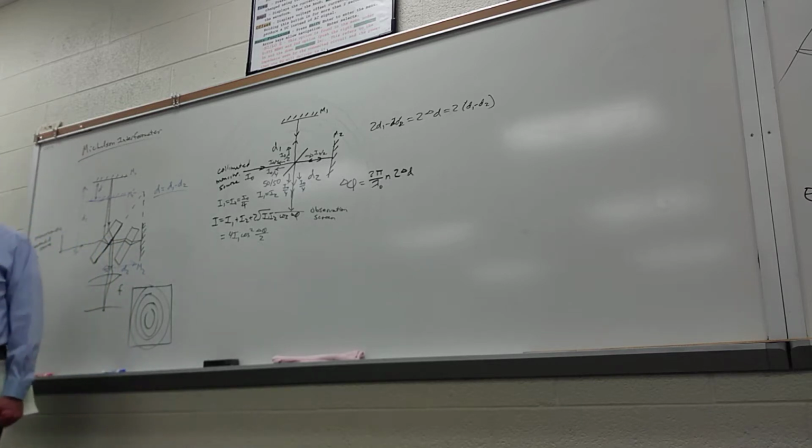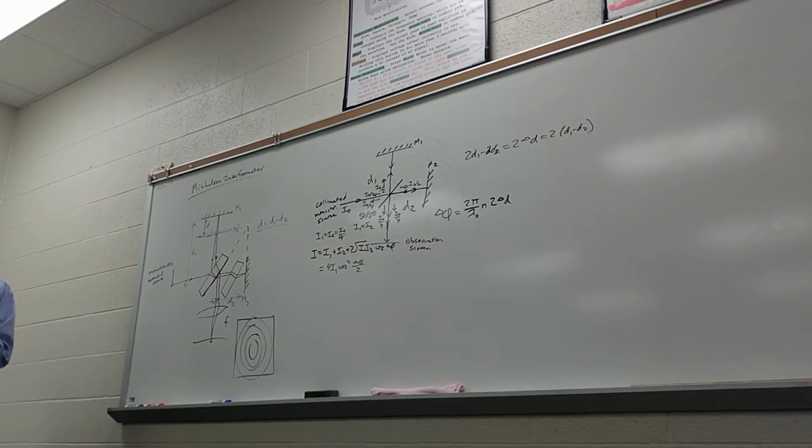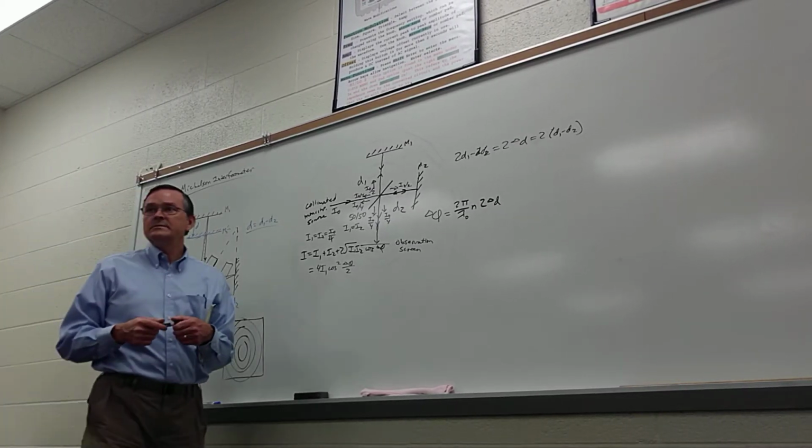Now, you haven't done, I assume, homework number 5, the last couple of problems. But when you do, what you're going to find is that whenever you have plane waves propagating at an angle, and you look in a plane nominally perpendicular to them, you'll end up getting spatially varying fringes.